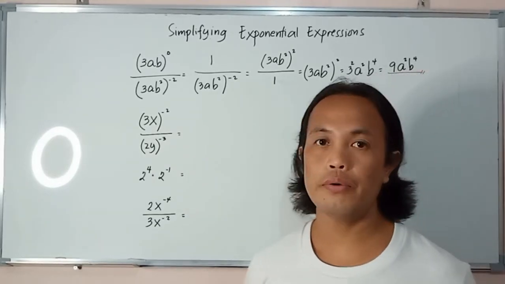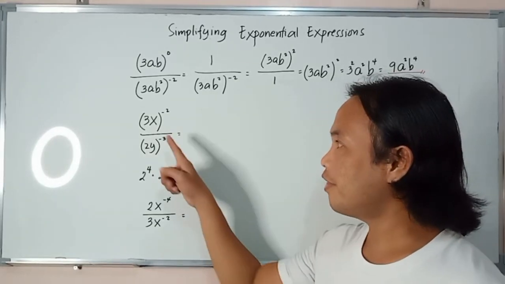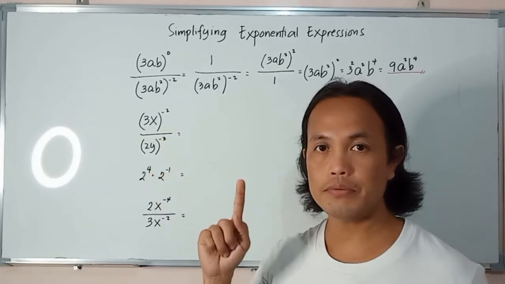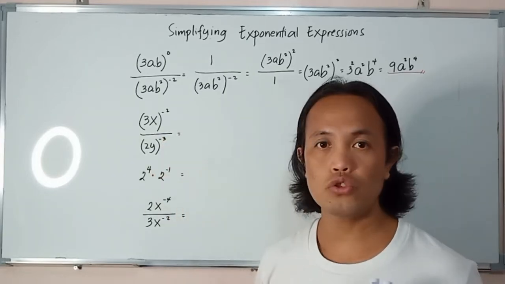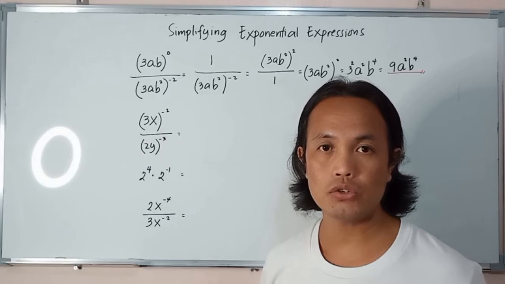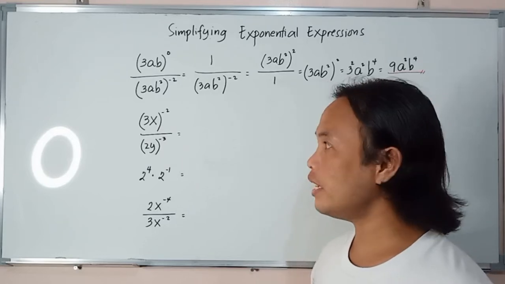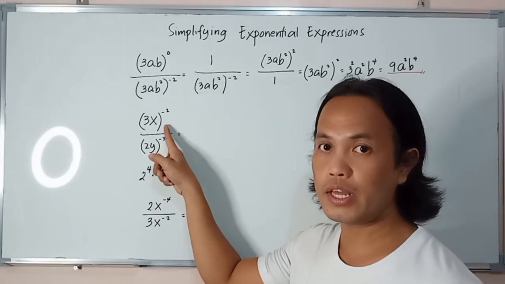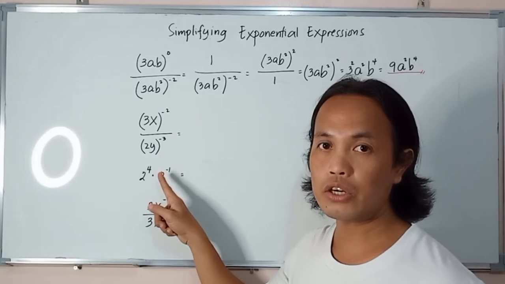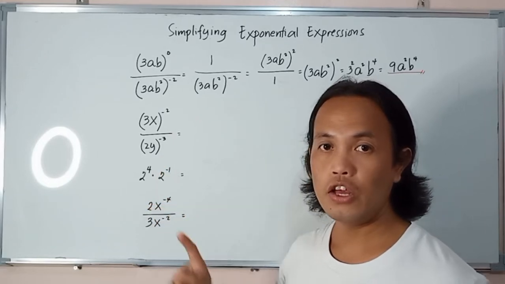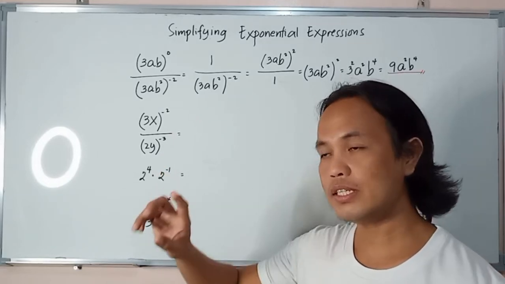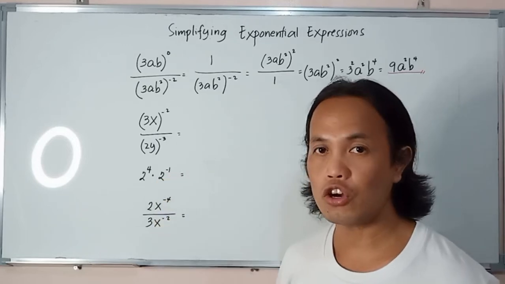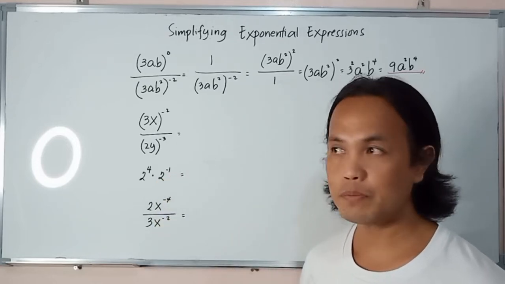Let's proceed to our next example. We have (3x)^-2 over (2y)^-2. Now, as you can see, in the numerator, we have a negative exponent. The same also with the denominator, which is a negative exponent. So what we need to do here is we just simply get the reciprocal of the fraction and indicate the positive exponent.